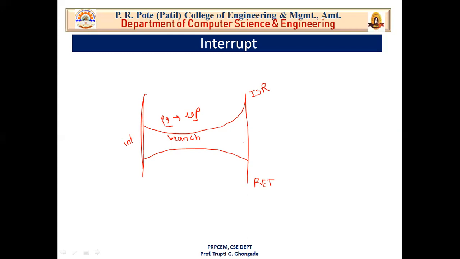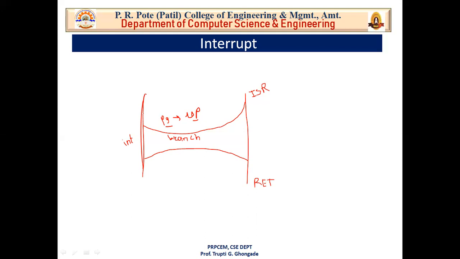Whenever any device requires a service or requires the attention of the processor, it sends an interrupt to the processor. Now the processor gets this interrupt. When the processor gets this interrupt, it suspends the program that was going on and goes to a new program called ISR, that is interrupt service routine.